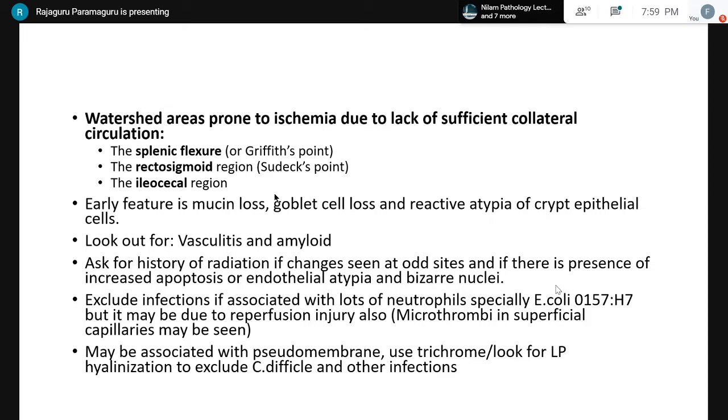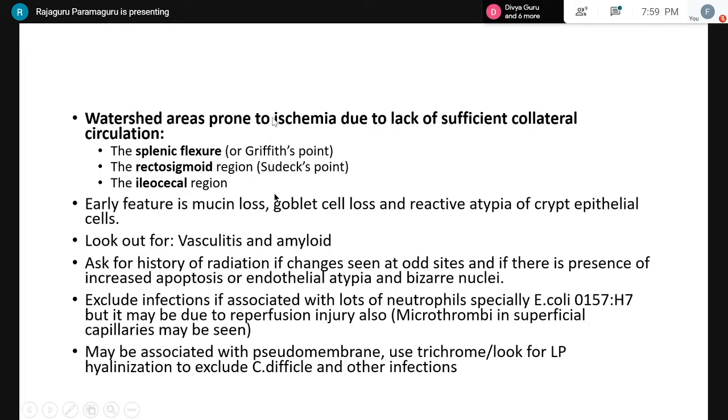Whenever you have an ischemic colitis, look out for the presence of vasculitis or amyloid deposition, where both of these can result in ischemic colitis, particularly when the sites are not those which I have mentioned, like the splenic flexure, rectosigmoid or ileocecal region. Ask for a history of radiation if the changes are present at all sites, apart from those mentioned here.